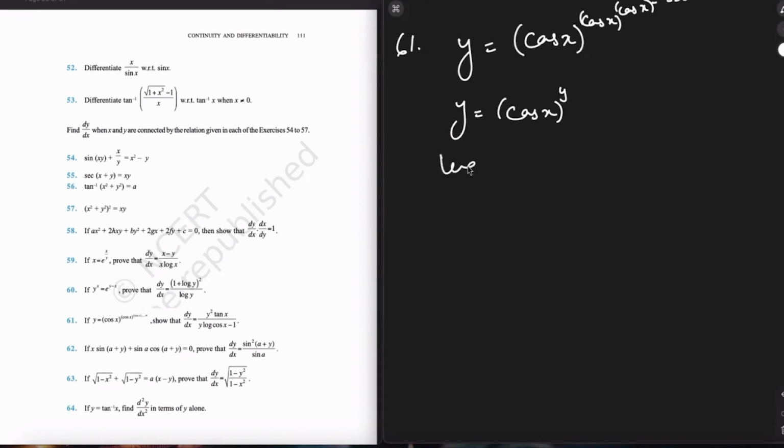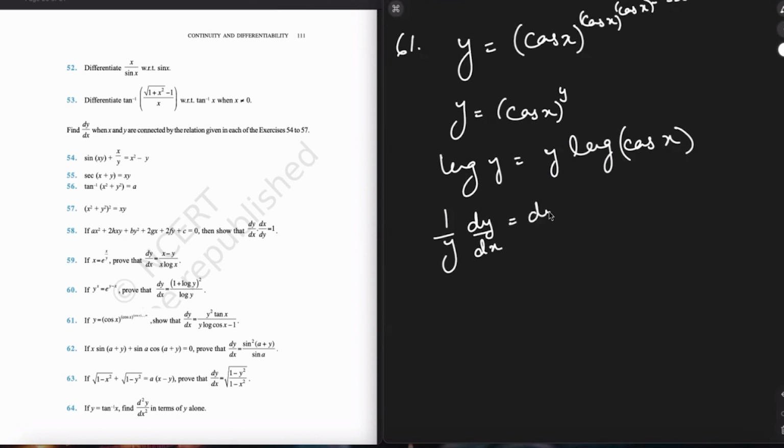So upon taking the log, log y is equals to y log cos x. Differentiating, dy by dx. Chain rule here, 1 upon y dy by dx is equals to log cos x plus y upon cos x.